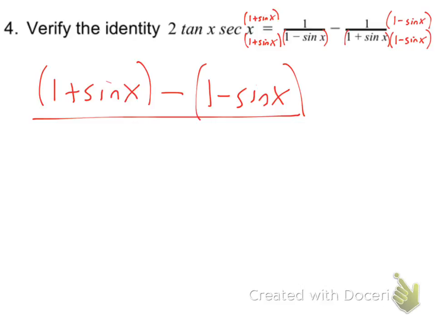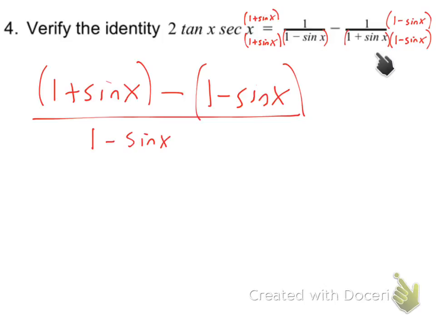Does anybody know what results from something like that? A plus b times a minus b, the difference of squares. So that might be something we actually want to put together this time. And so, what's 1 times 1? It's 1. 1 times negative sine x?